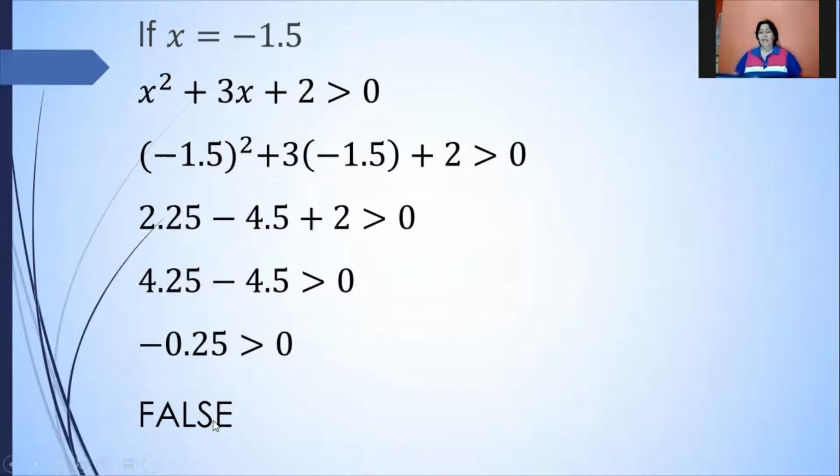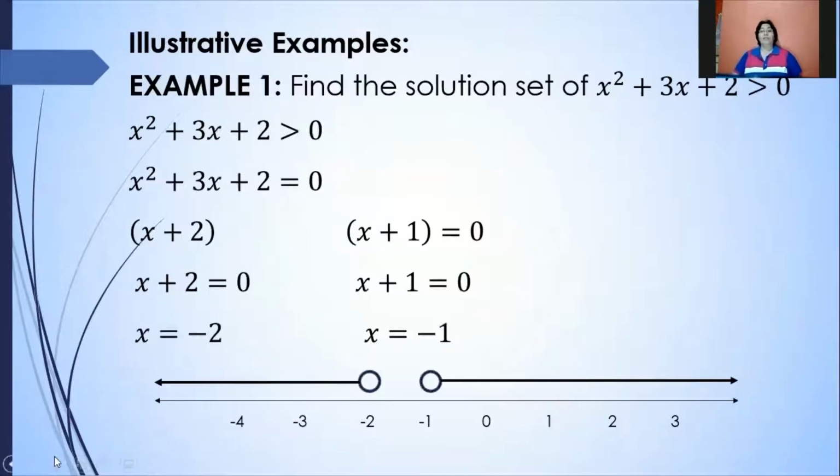Okay, that's why the numbers between negative 2 and negative 1 are not included in the solution set of the quadratic inequality. How about the numbers immediately after negative 1 to the right?